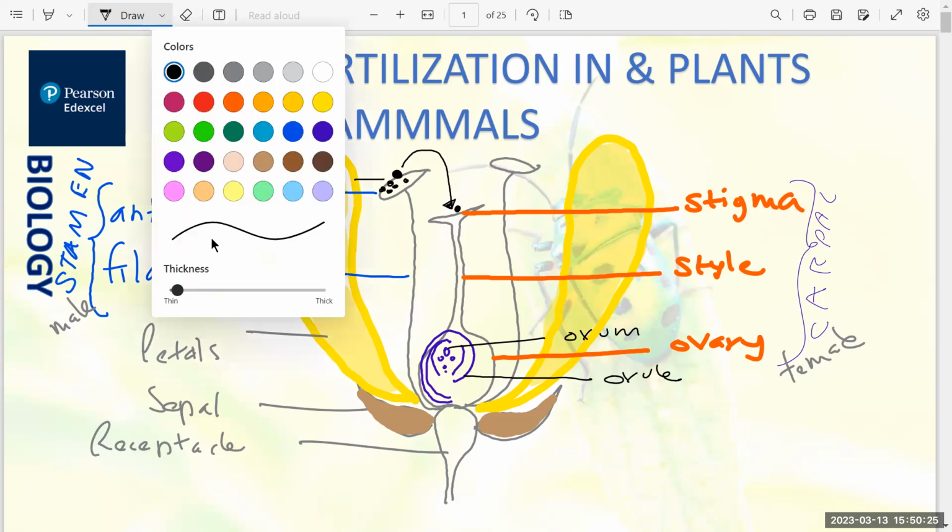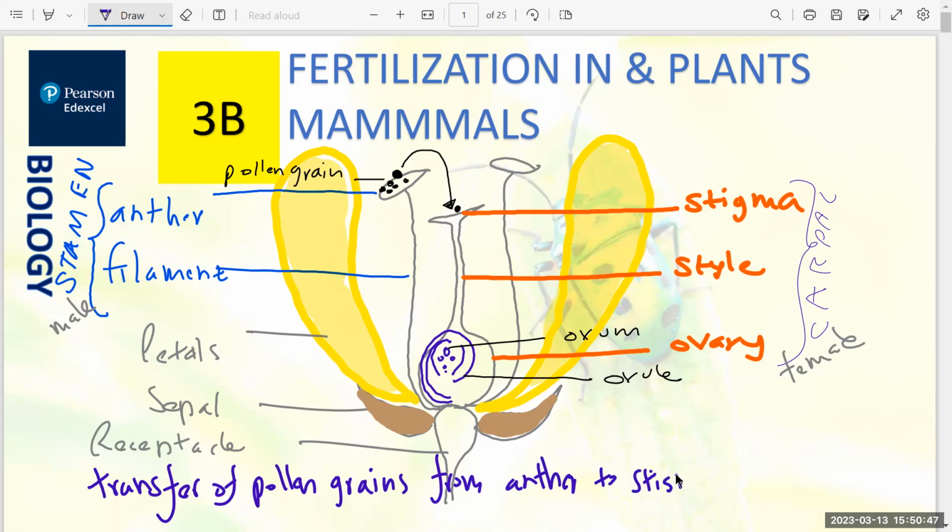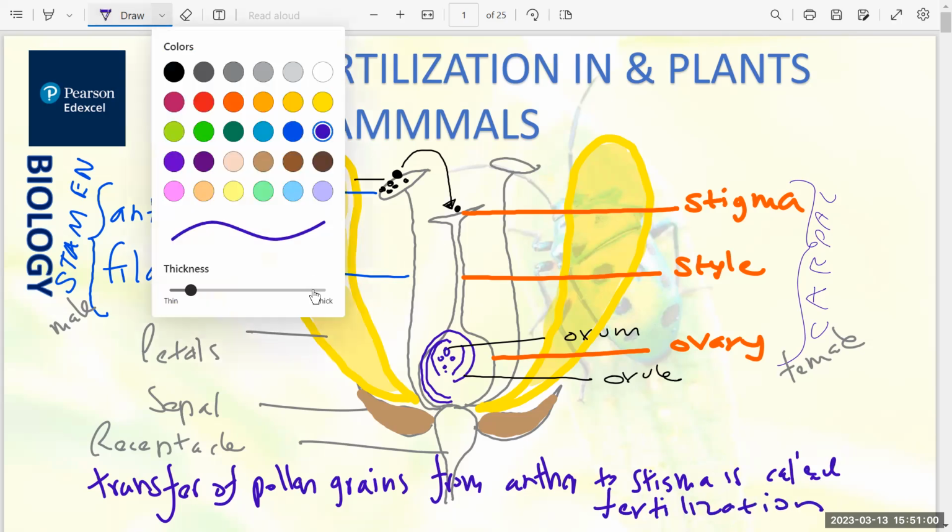So we can write it here: transfer of pollen grains from anther to stigma is called fertilization. Right, so that's important to remember.